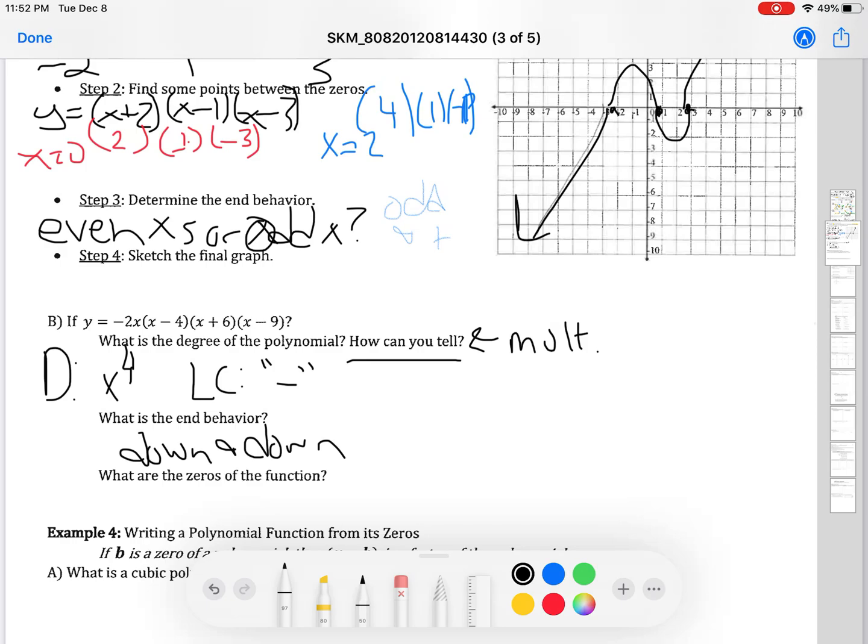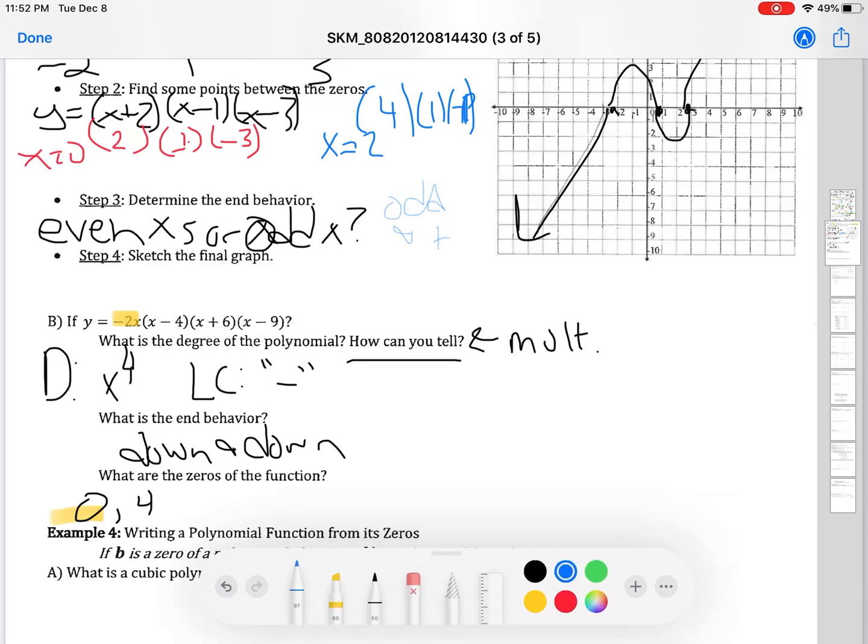We've already found the zeros of the function in a previous problem, so let's do it again here for the last part. Now remember, it's basically setting each factor equal to 0. So when I look at this one right here, my answer should be 0, right? -2 times what is 0? When I'm looking at the next one, I should get a 4. Again, that comes from this one right here.